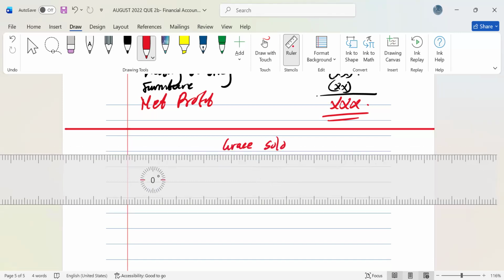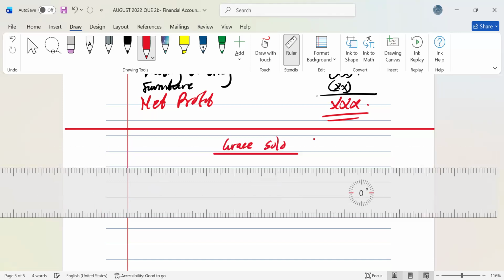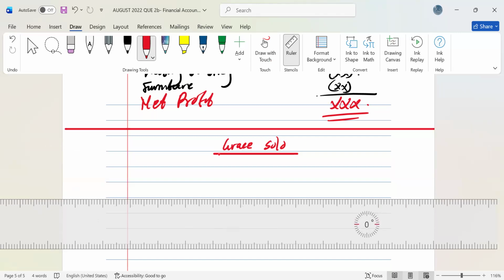We are talking about now the income statement or the statement of profit or loss for the year ended.